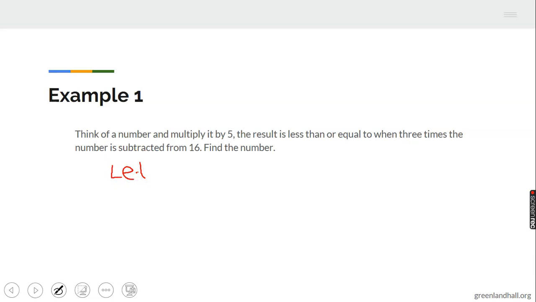So let the number be x. So 5 multiplied by x, that will be 5 multiplied by that number. The result is less than or equal to when 3 times the number is subtracted from 16.